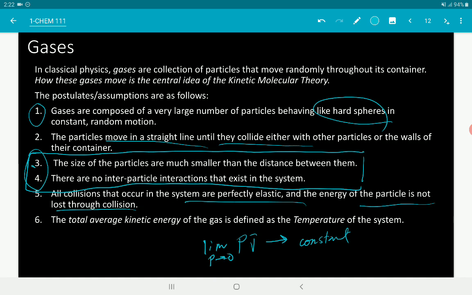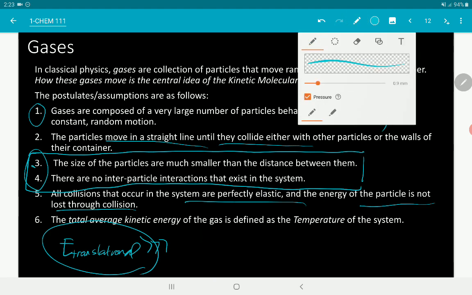Ideal behavior also occurs if you increase the temperature. Kapag nag-increase ka ng temperature, most of the energy of the gas is translational, and the translational energy is much greater than the IMFA energy.